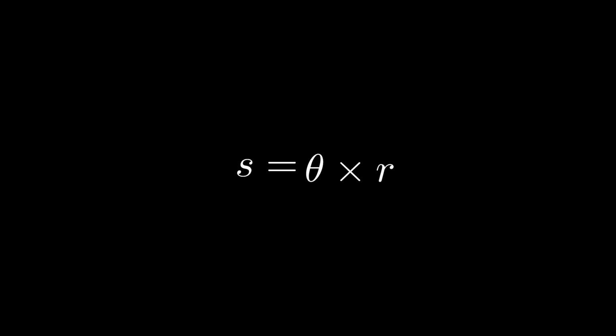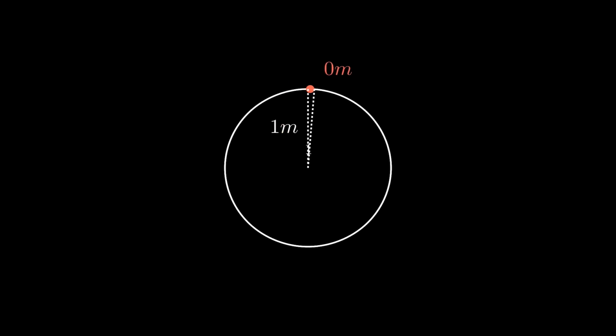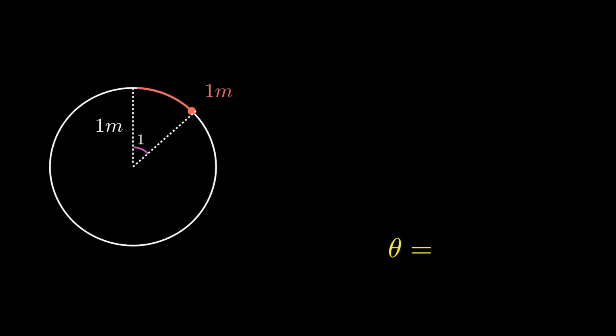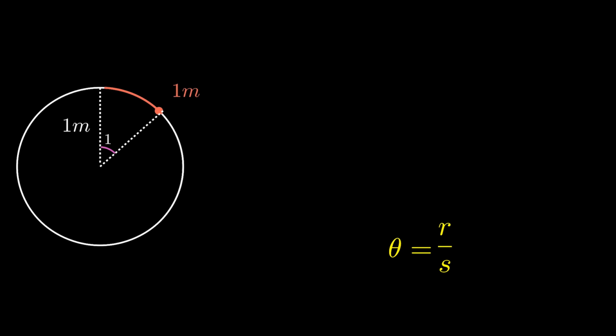Arc length formula simply comes from the definition of what a radian is. A radian is like degrees for angles. 1 radian is the angle subtended at the center of a circle by a radius and arc length of equal value. So 1 radian equals r divided by arc length, or 1 radian could also equal arc length divided by r.